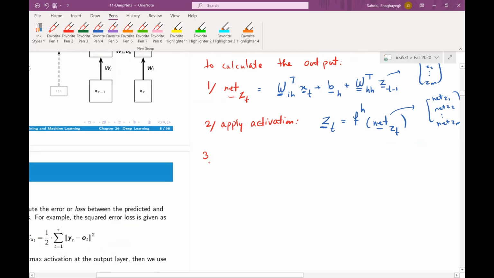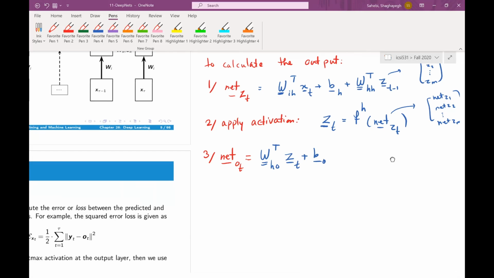Third step. Well, we have calculated the hidden layer's value. So we are going to move to the output layer and calculate the net for o_t, which is equal to, this is totally the same as MLP's, W_HO transpose z_t plus b_O.